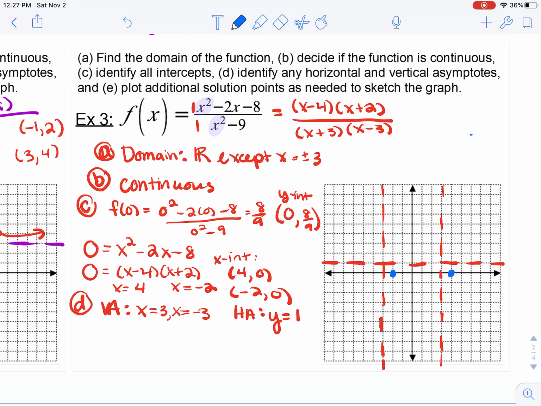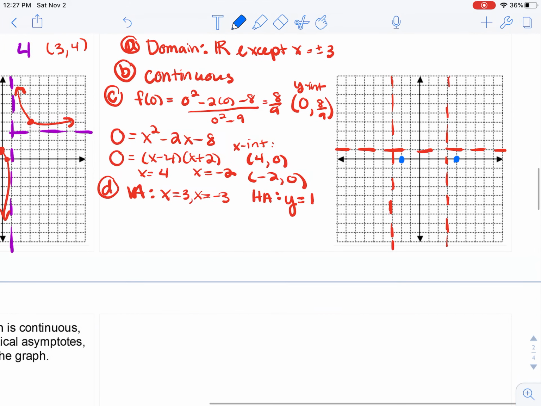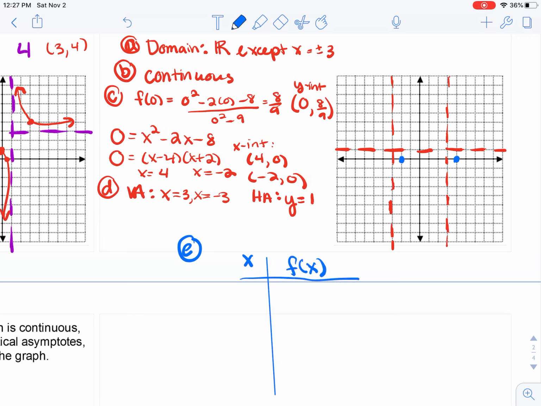So we now have to kind of make our table and plug in these values. So I want a couple to the left and to the right of the vertical asymptote. So if I make my table here, for part E, x and f of x. So we want a couple values to the left of negative 3.